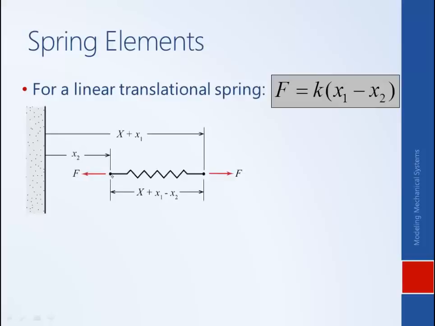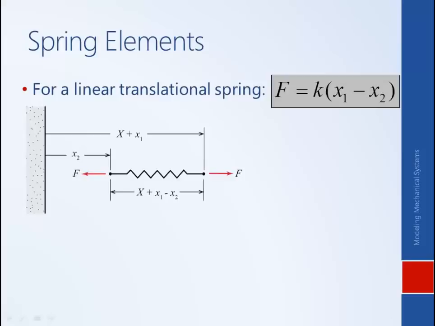X2 describes the motion of the left end of the spring, and X1 describes the displacement of the right end of the spring. Therefore, the total deformation of the spring is the difference between the displacement of the two ends, X1 minus X2.